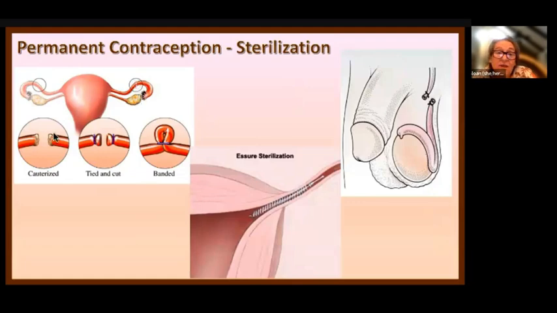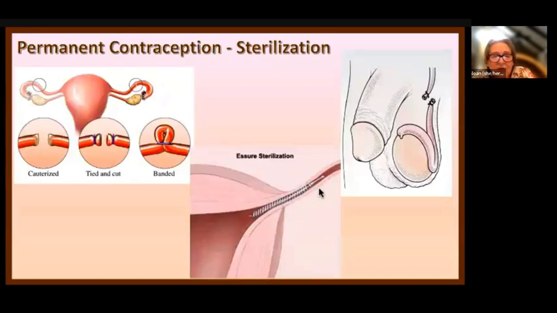And then finally, we have sterilization. A woman can have her tubes tied, and here's an example of where they've made a little loop and they've put a band around it. They can cauterize it, and that way no longer can the egg come down the fallopian tubes. A woman will still have the hormones that she needs because she still has her ovaries, but she just won't get pregnant.